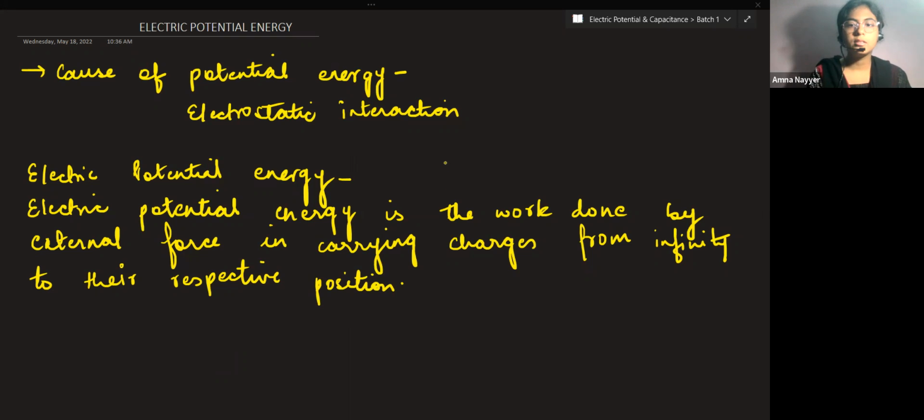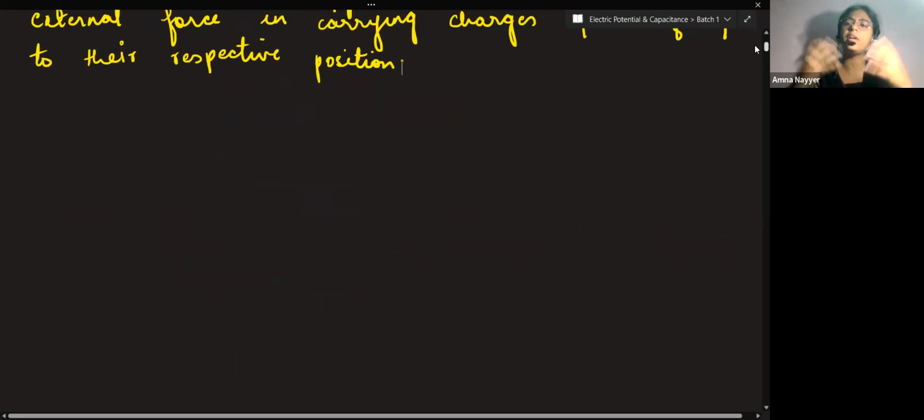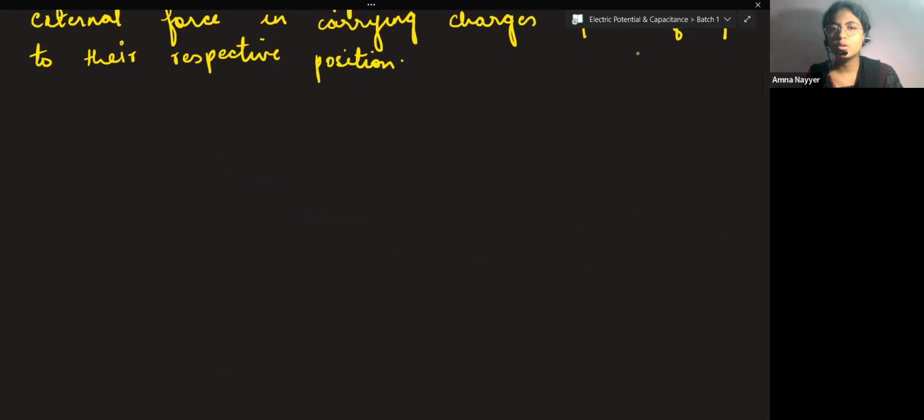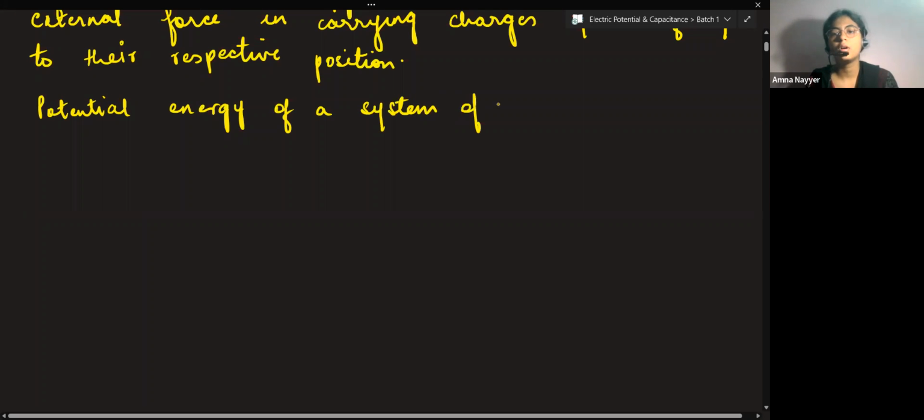All right, so that is the definition of electric potential energy. Now let's calculate electric potential energy for two point charges first, and then we'll calculate for more than two charges. So, the potential energy of a system of two charges.